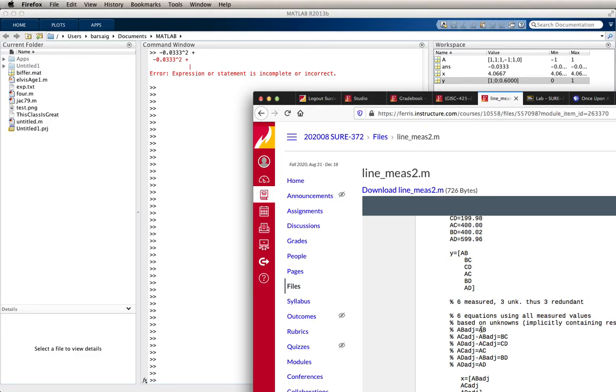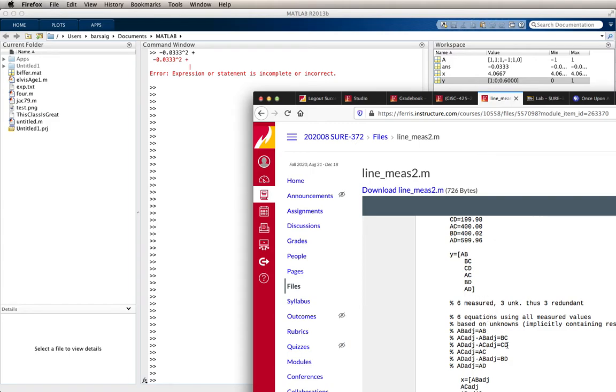So now we've written down the 6 measured as a function of the unknowns. We can separate them into the knowns on one side and the unknowns on the other. This side, the right side, is going to be our known values, and the left side is going to contain our unknown values.